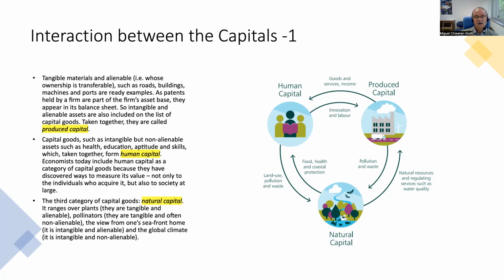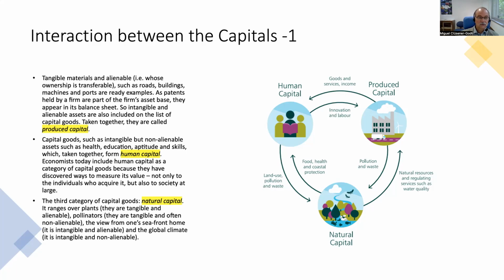All these together are called the produced capital. They are capital goods that we have produced, that we transfer to others, that human beings have produced.